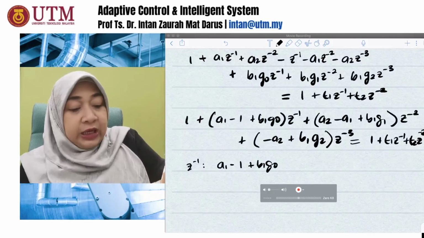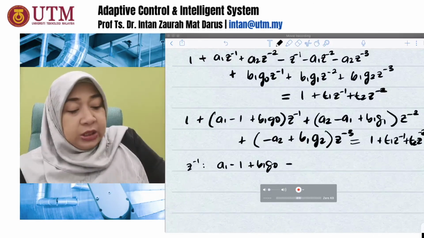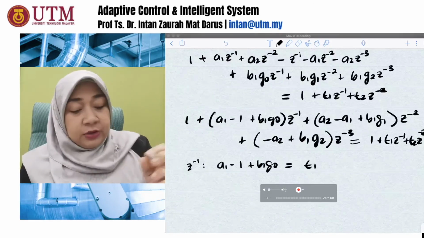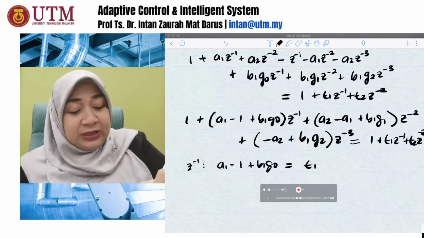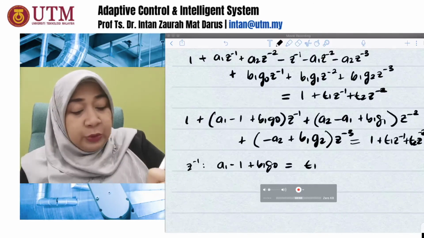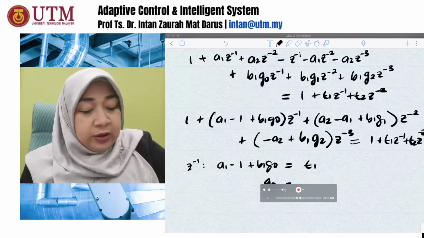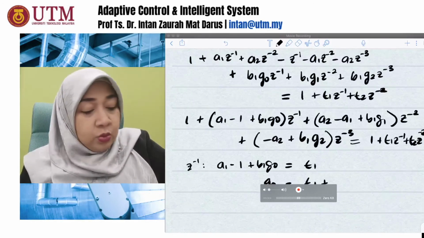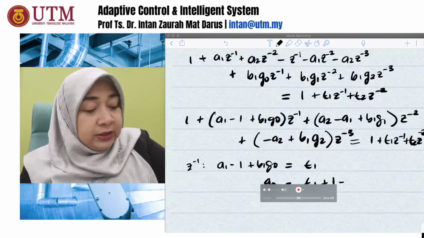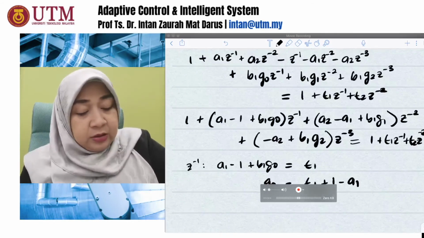So that is equivalent to my t1. Then we want to know g0, isn't it? I can straight away write from this equation g0 is equal to t1 plus 1 minus a1, divided by b1.